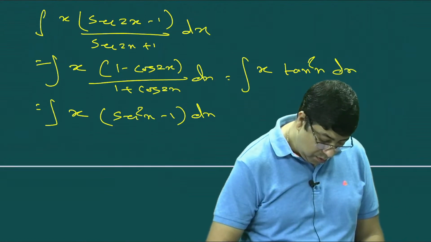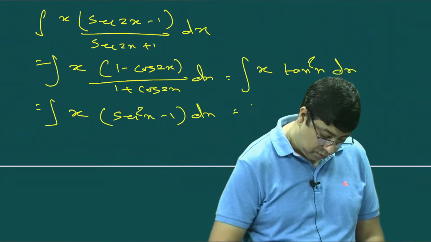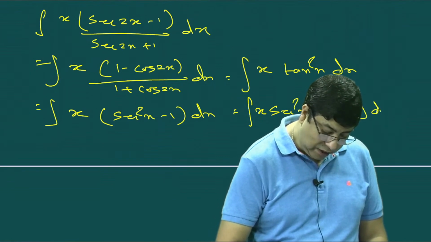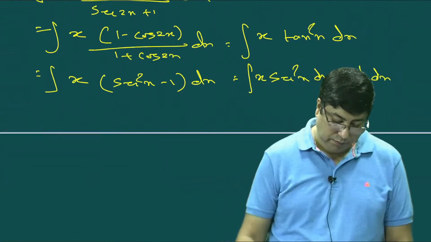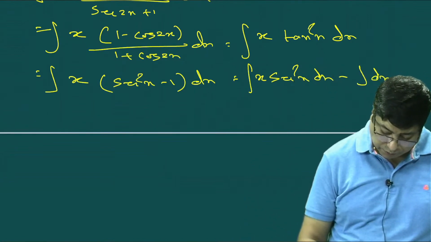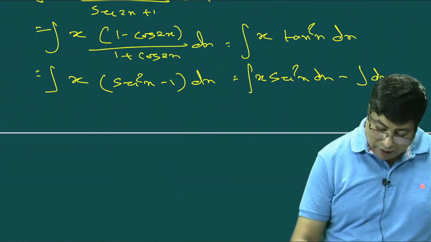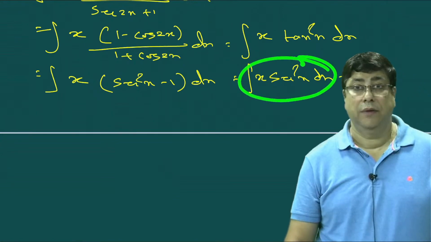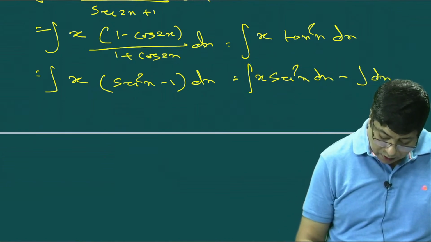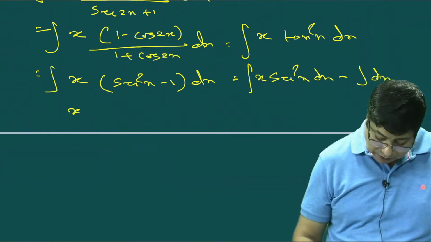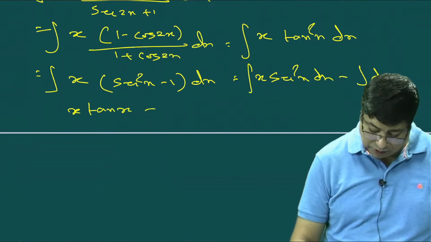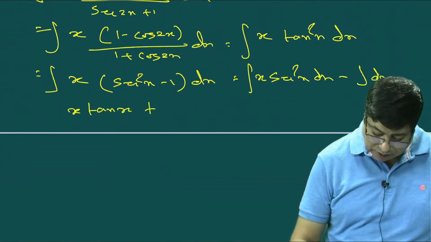Now we have x into sec square x dx minus dx. We can apply the UV formula: x is the first function, integration of sec square x is tan x, minus derivative of x is 1, integration of tan x is log of sec x.